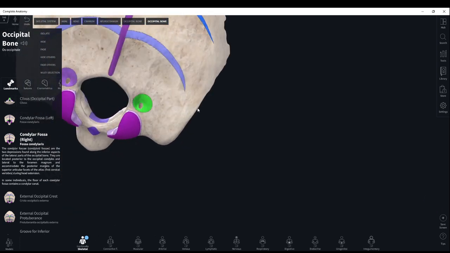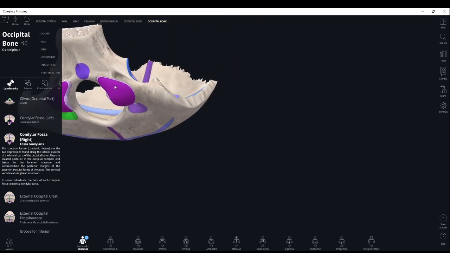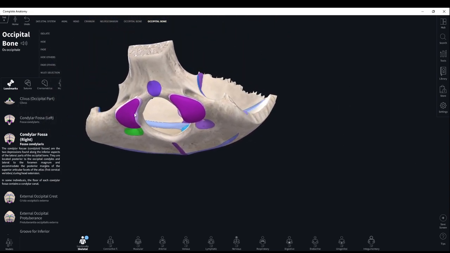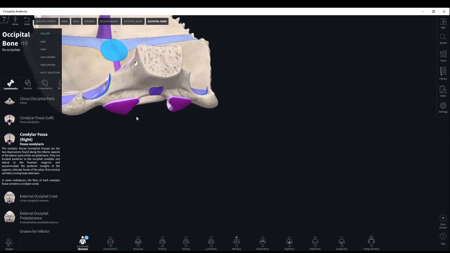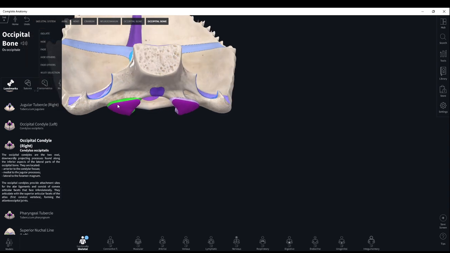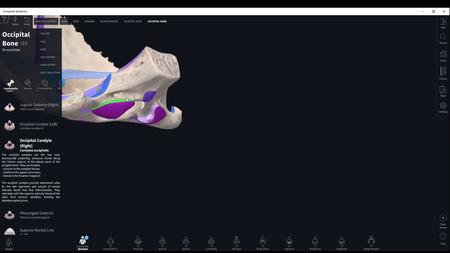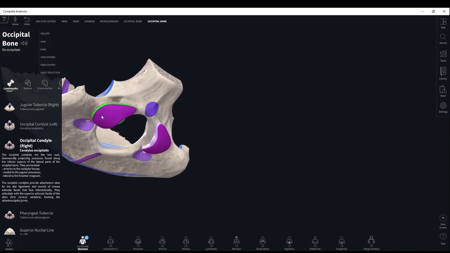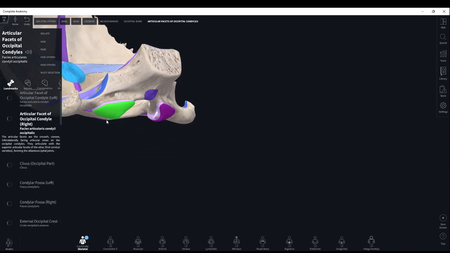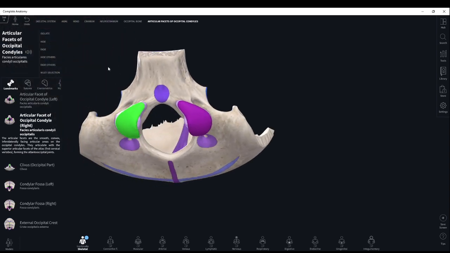Next is the lateral part. On the external surface of the lateral part, you can see the occipital condyle, condylus occipitalis, which has articular surfaces that serve for attachment with the first cervical vertebra.